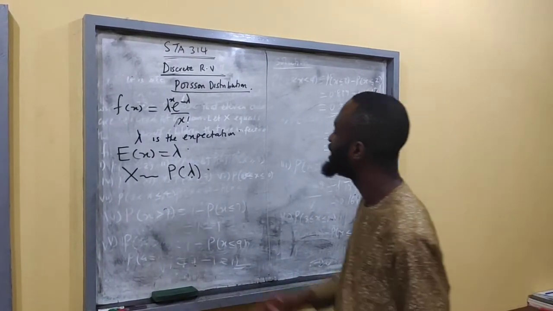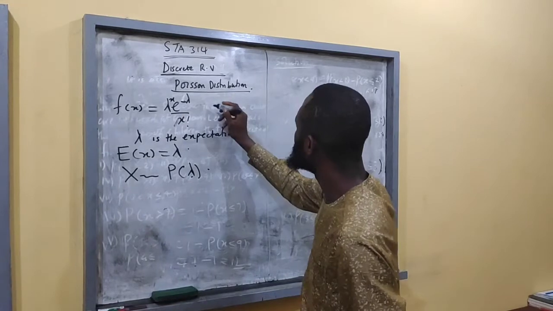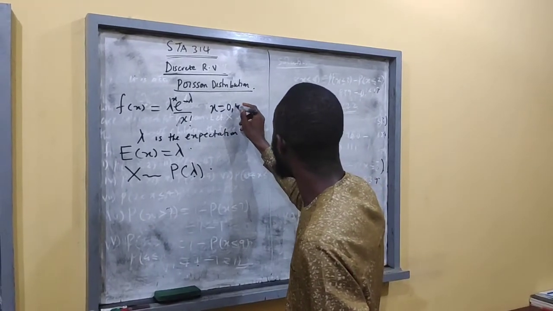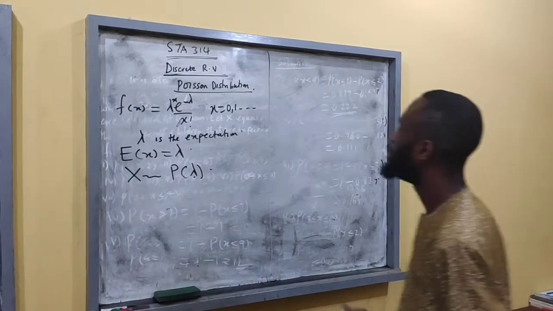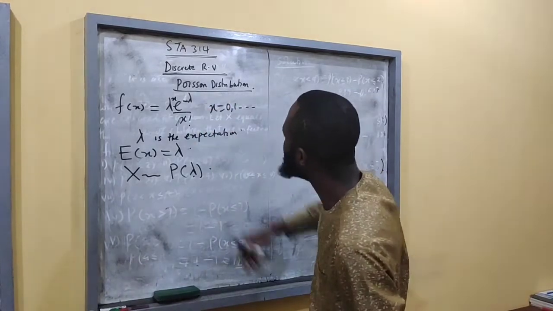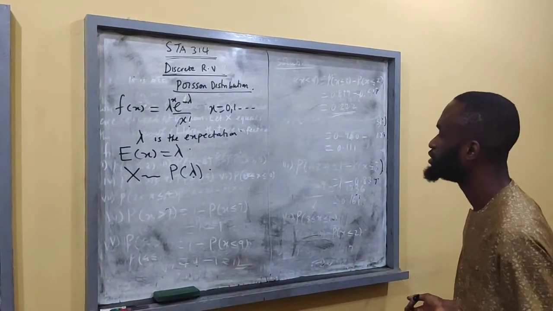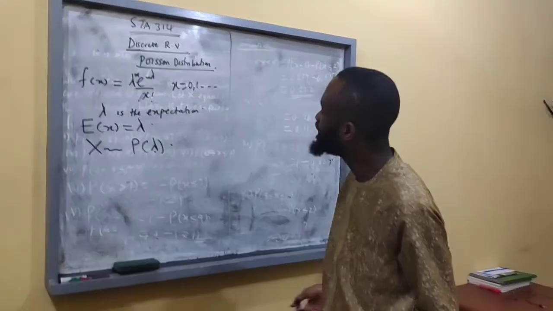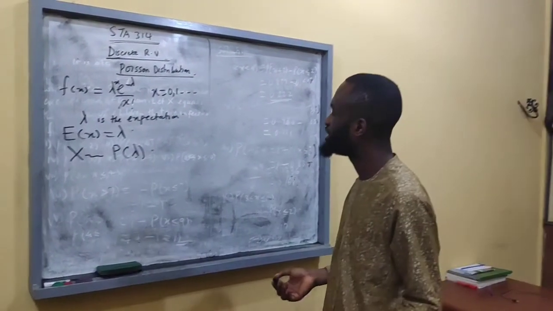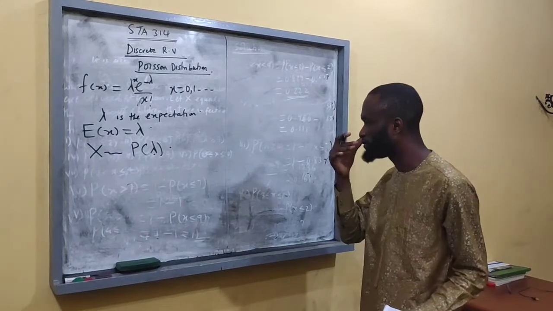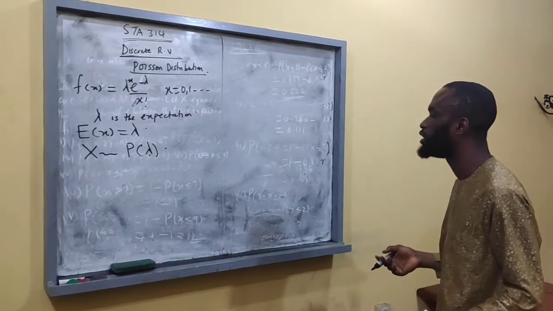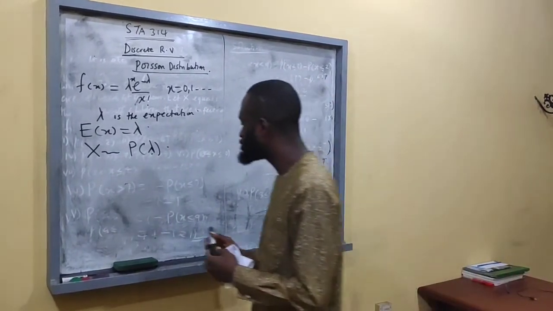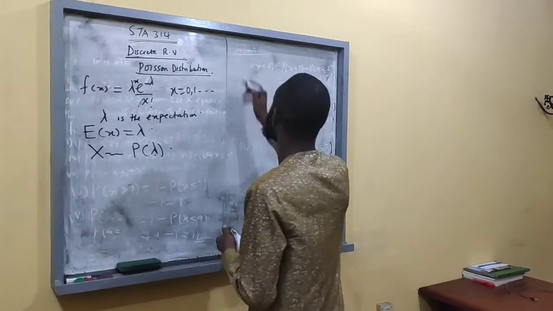As I said, your x still ranges from 0, 1, and continues, while your lambda is the expectation or the incident rate that happened. Your e is a constant. It's a constant that has a value. You can press it down directly from your calculator. Now let's look at an example to showcase this.